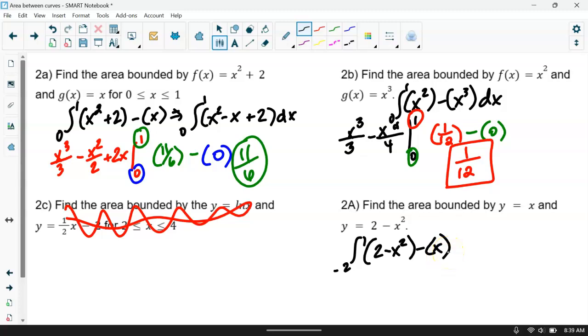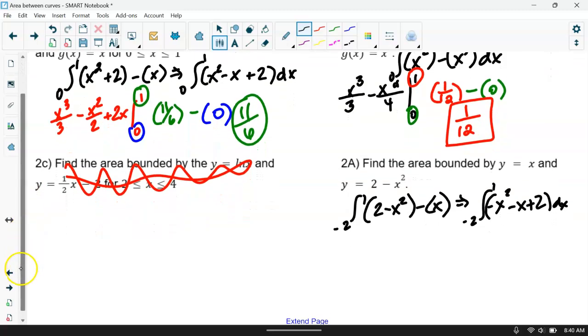So keep going, pause the video. If you need to rearrange, get the integral. So what is the area between our two functions? And so here, if you wanted to rewrite, this is -2 to 1. So negative x squared minus x plus 2, right? So if you rearranged with respect to x.